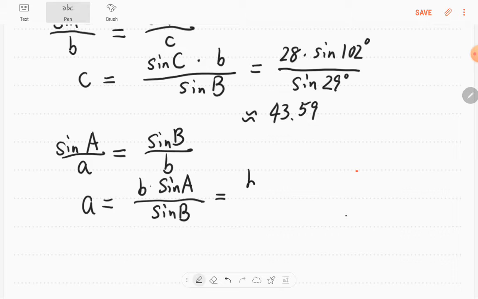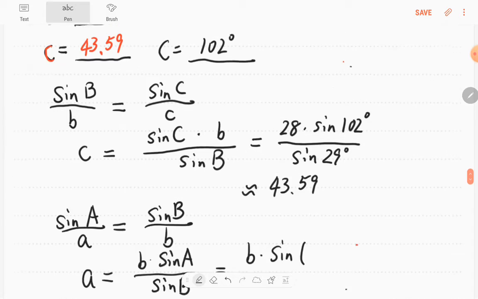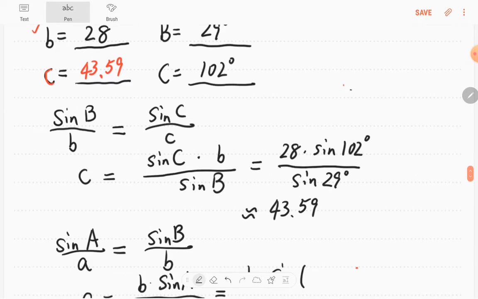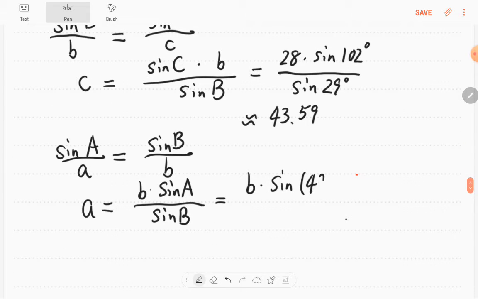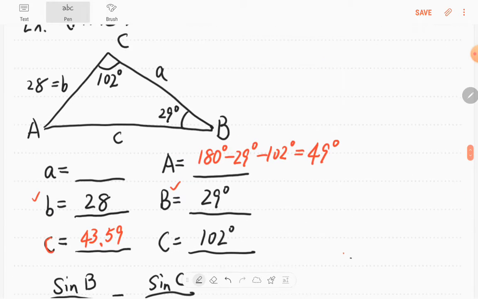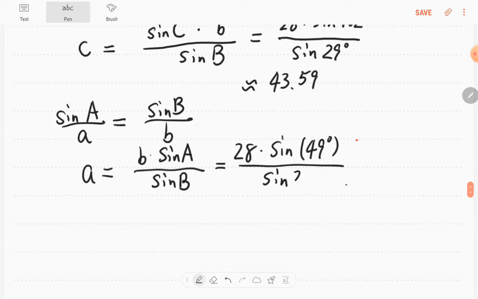So this is b times sine A, where A is 49 degrees, and b is 28, over sine B, where B is 29 degrees.